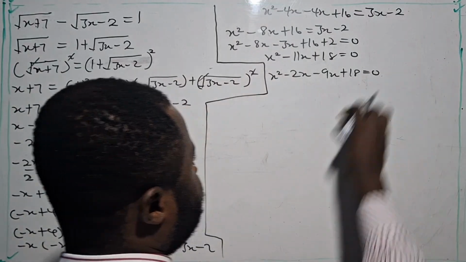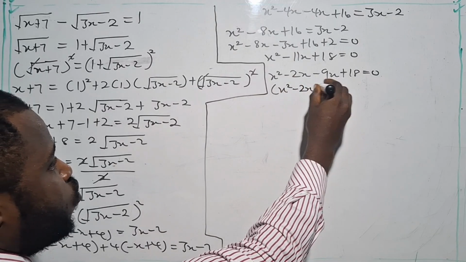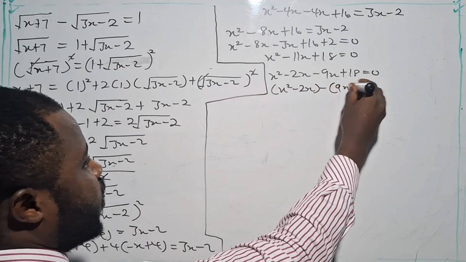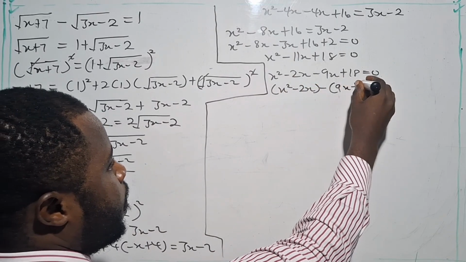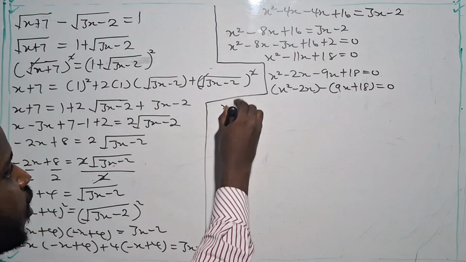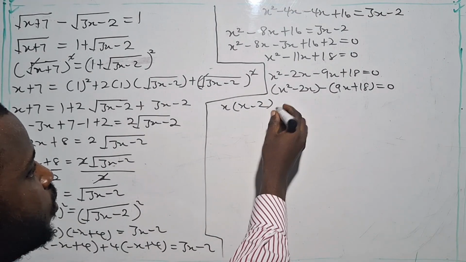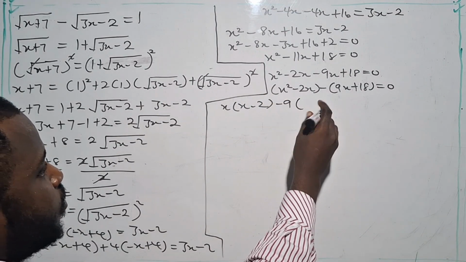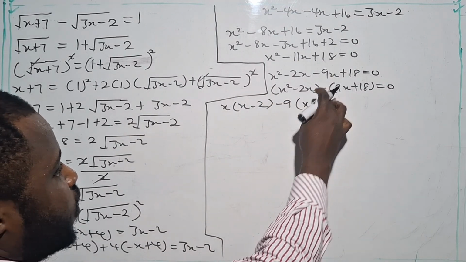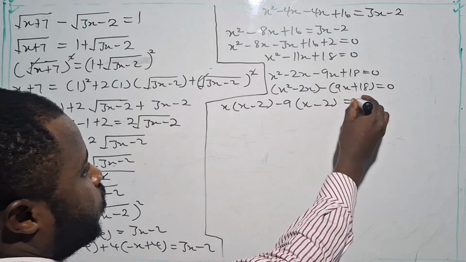Let me erase this. Then I have to group them: x squared minus 2x, minus 9x plus 18 is equal to 0. So here I take x out: x times x minus 2, then minus 9 times x minus 2, equal to 0.